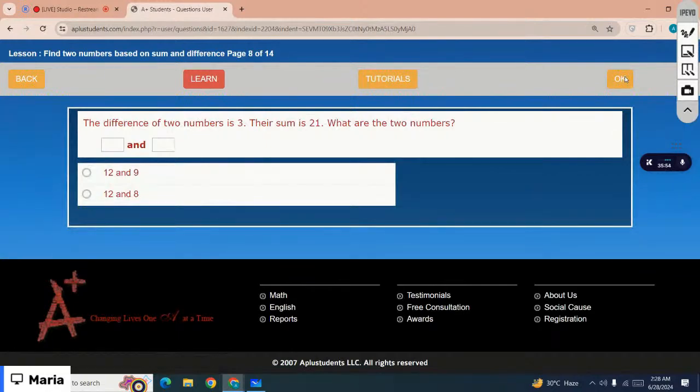The difference of two numbers is 3 and their sum is 21. What are the two numbers? Which is the correct option?